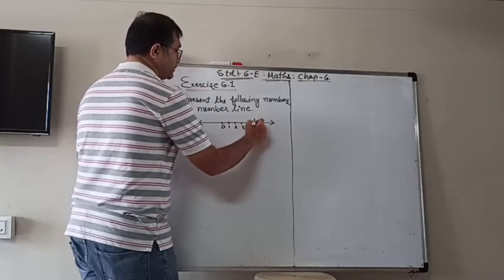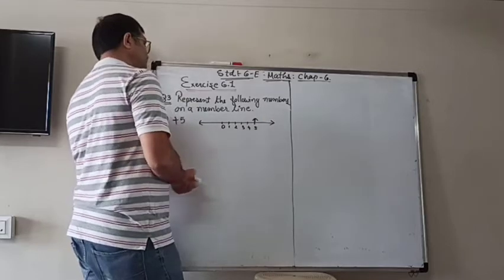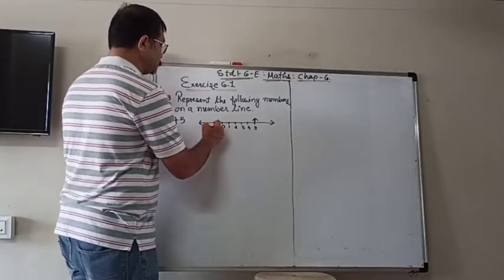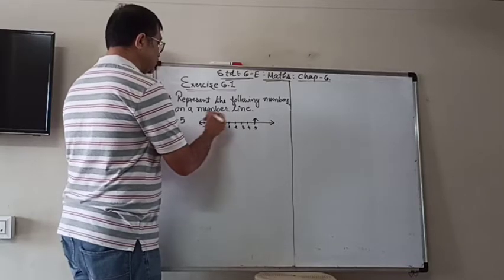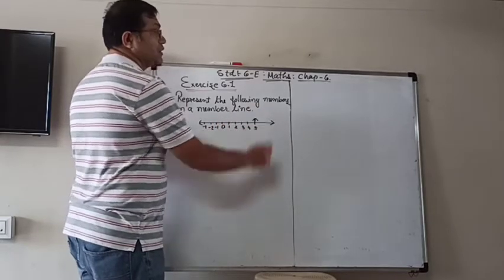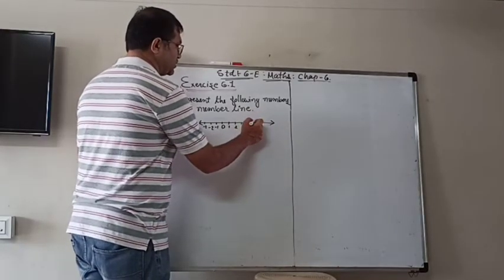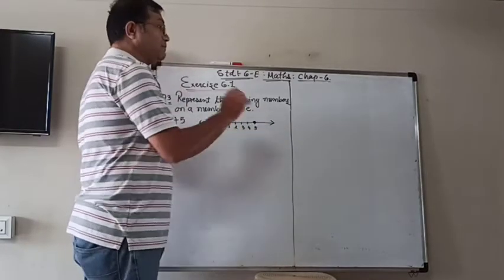So that is our number, that is the plus 5. Whatever number is required, you have to put the arrow. You have to just make it a little dark.